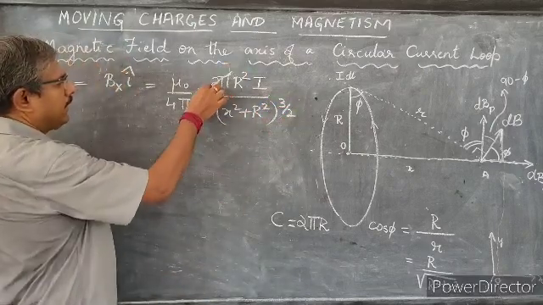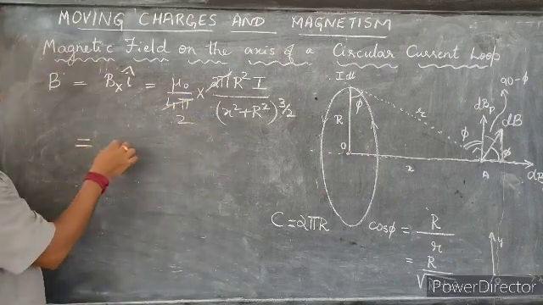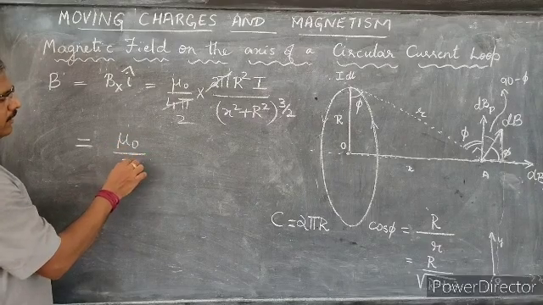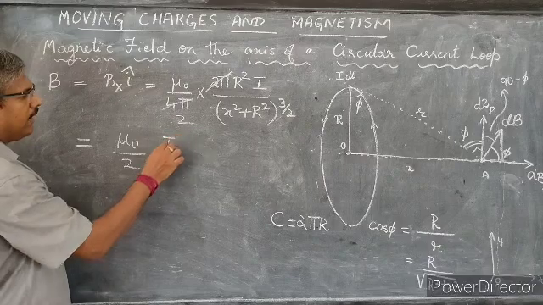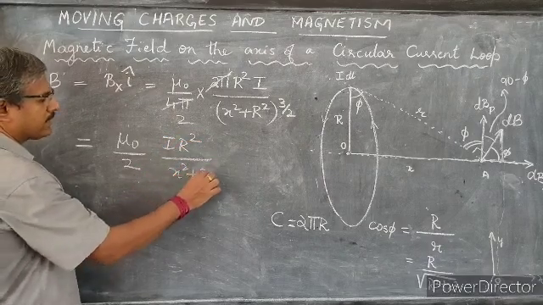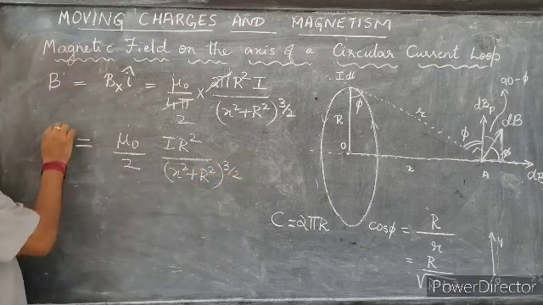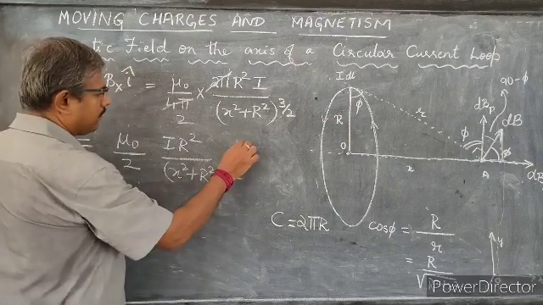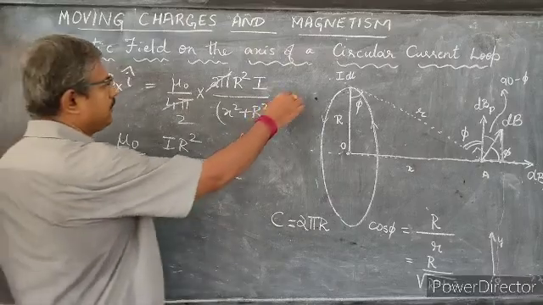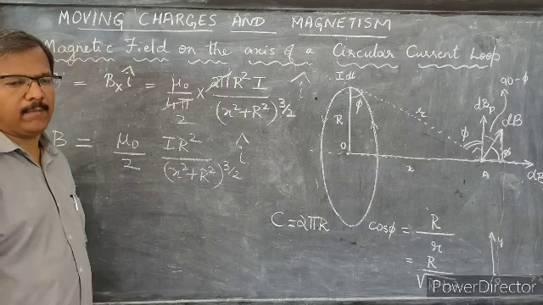So 2 pi and 4 pi cancel out, and what I am left with is mu naught by 2 into I R square by (x square plus r square) to the power 3 by 2 into the vector form i cap. We need to put the unit vector represented by i cap.